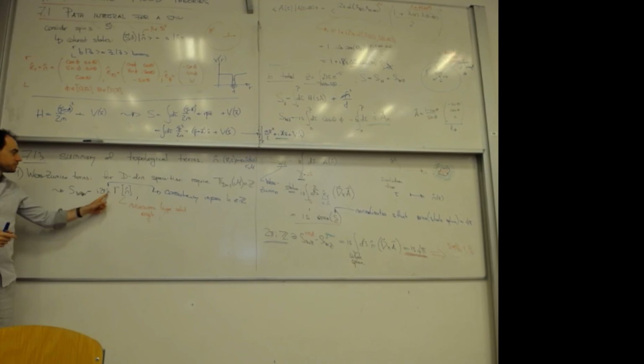This is the level of the algebra that would enter if you were to write down this field theory in terms of the Lagrangian. You would get such a Wess-Zumino term, and the K would be just the level.